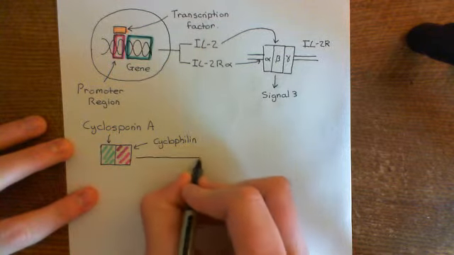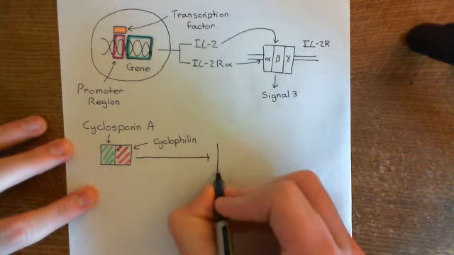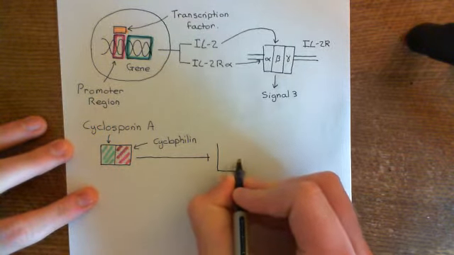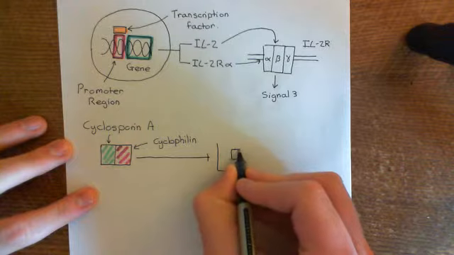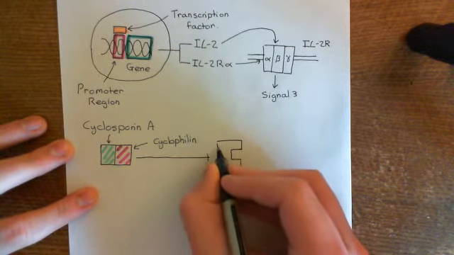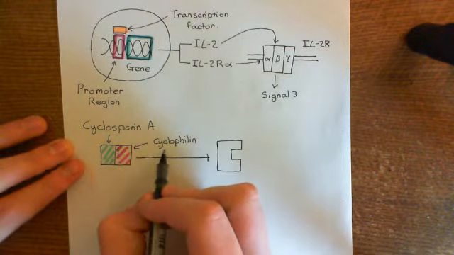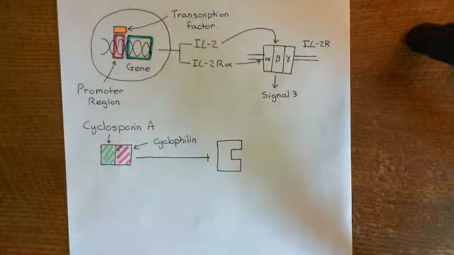So this complex of cyclosporin with cyclophilin is going to inhibit the calcineurin enzyme. So even if the calcineurin enzyme gets calcium-calmodulin complexes binding to it, this cyclosporin and cyclophilin dimer will stop the calcineurin enzyme from becoming active.